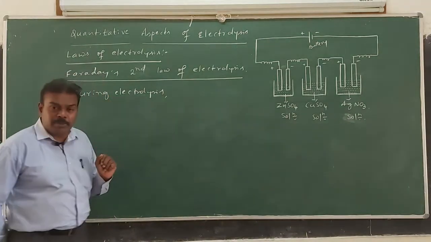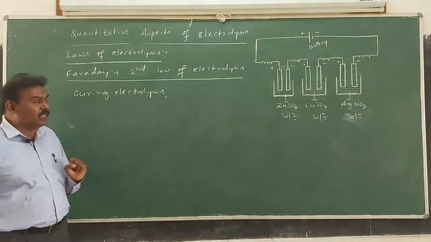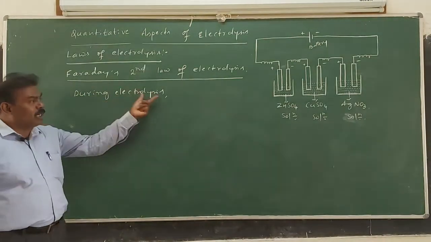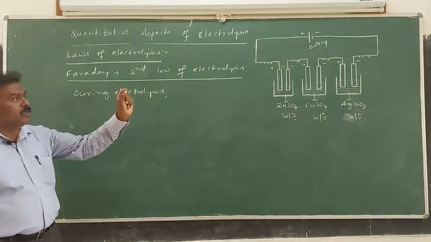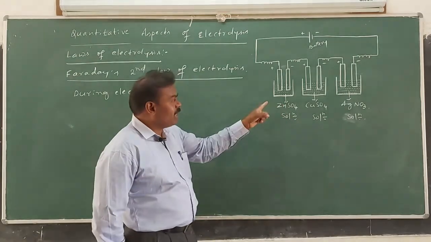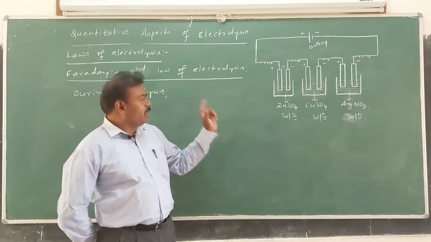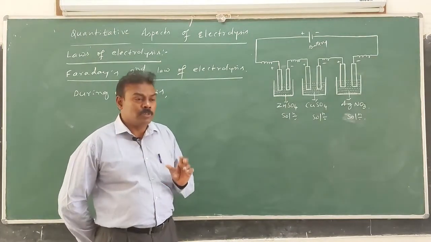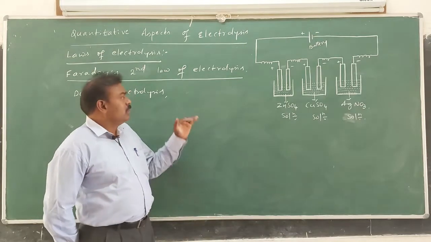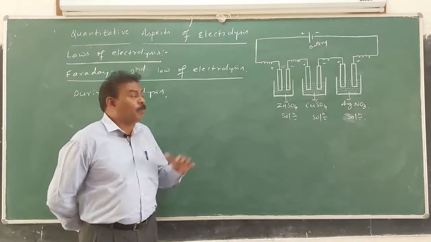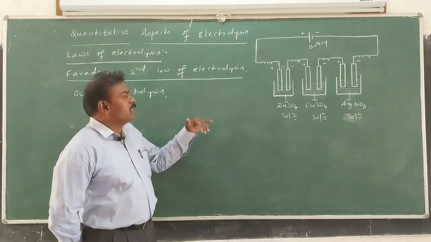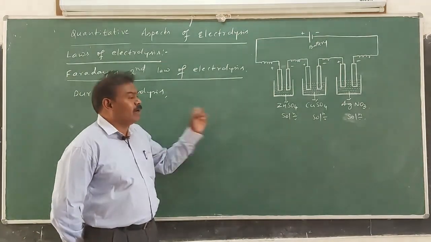What is the statement for the law? Faraday's second law of electrolysis: during electrolysis, when the same quantity of electricity is passed through different electrolytic solutions, the amount of substance deposited is proportional to the equivalent masses.